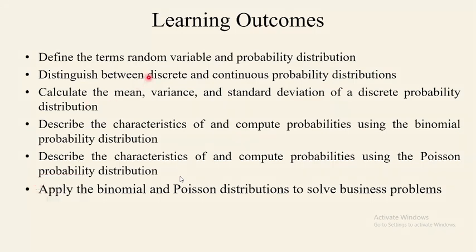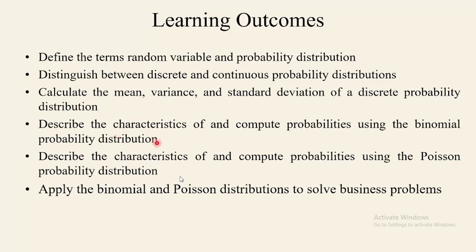Right. These are the learning outcomes. Define the terms random variable and probability distribution. At the end of the session, you will be able to define what is the random variable and what is probability distribution. You will be able to distinguish between discrete and continuous probability distribution. You will be able to calculate mean, variance, and standard deviation of a discrete probability distribution.